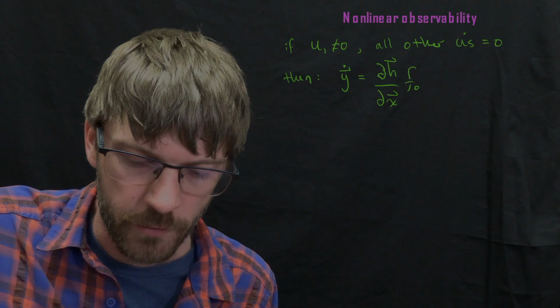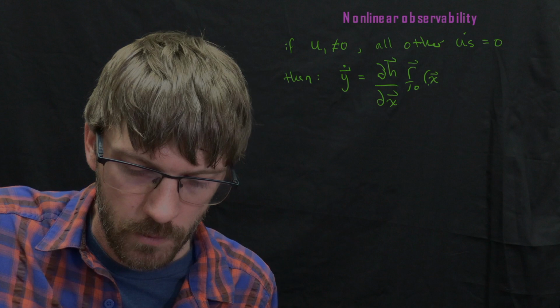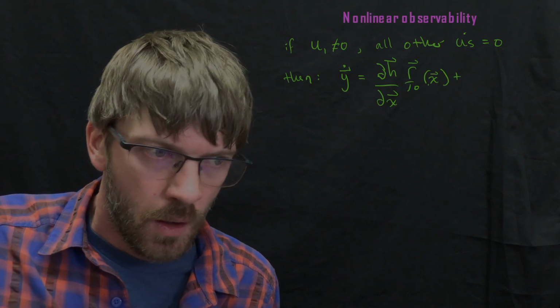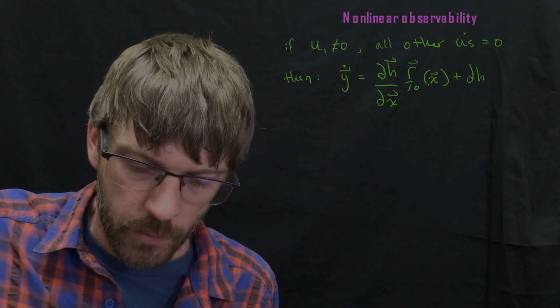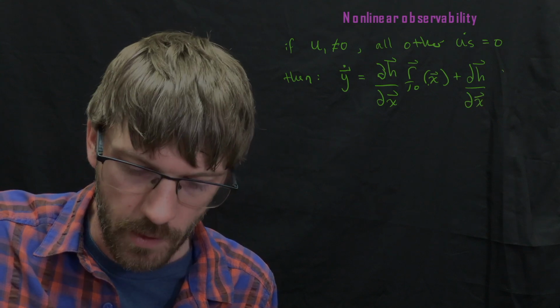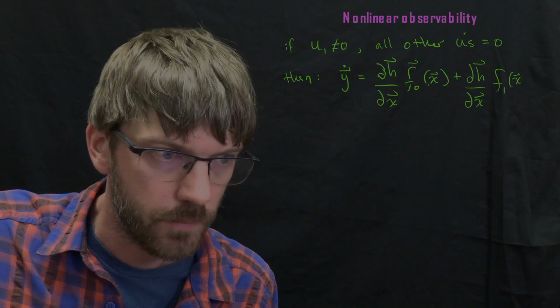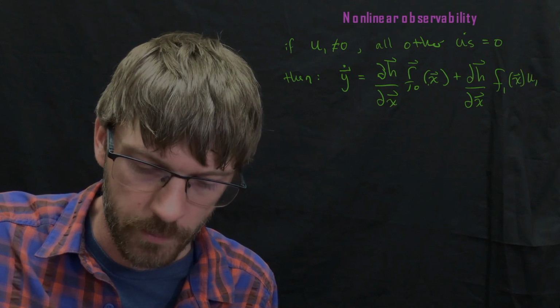We still have those drift dynamics, those don't go away. But now we'll also have the derivative of our measurements with respect to the state times f1 of x times u1.